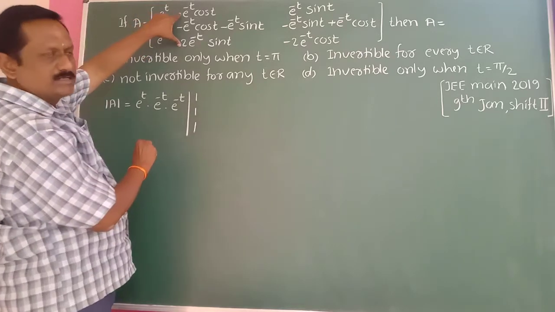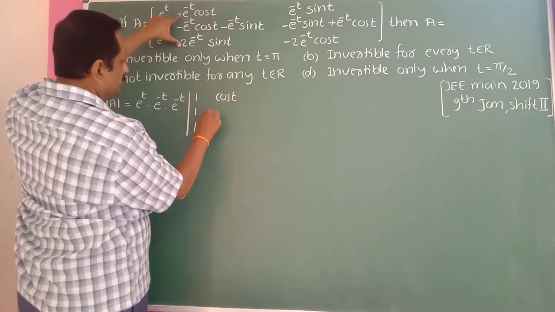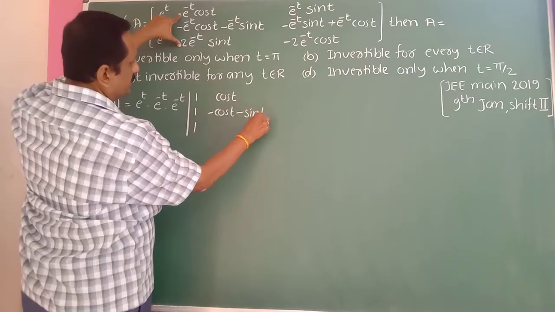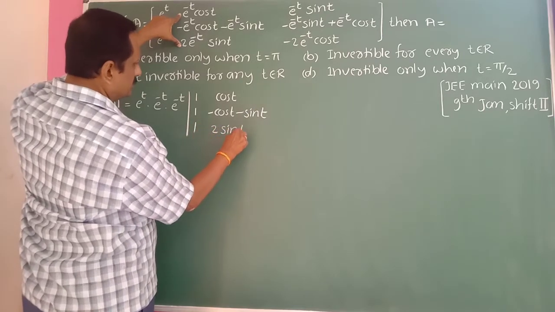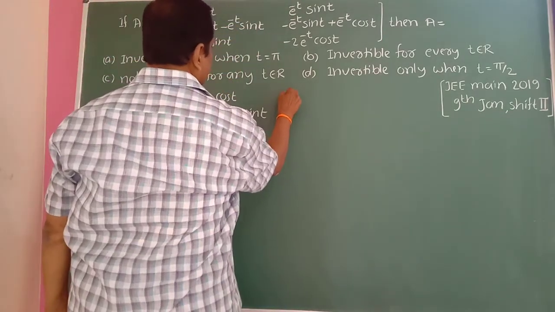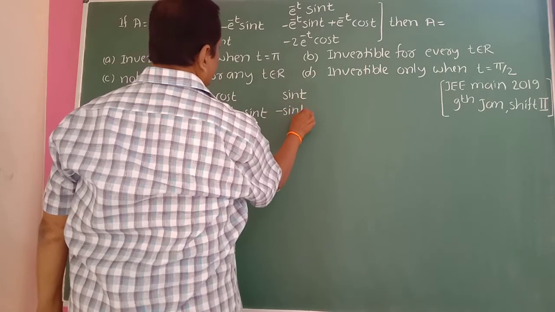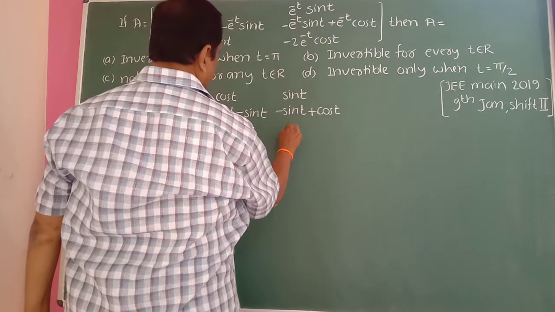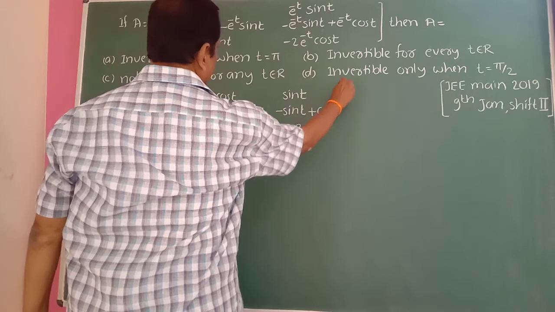Here e raised to minus t is the common factor, hence cos t minus sin t, then 2 sin t. Even here e raised to minus t is the common factor, hence sin t plus cos t, then minus 2 cos t.